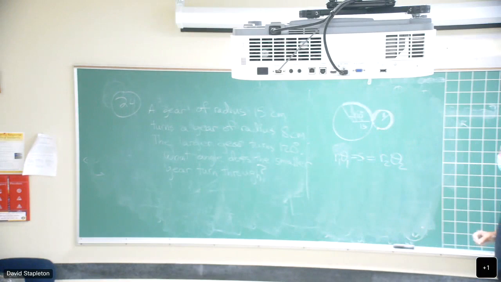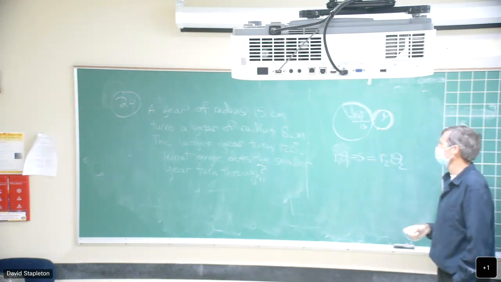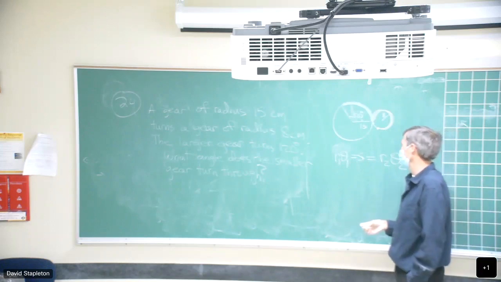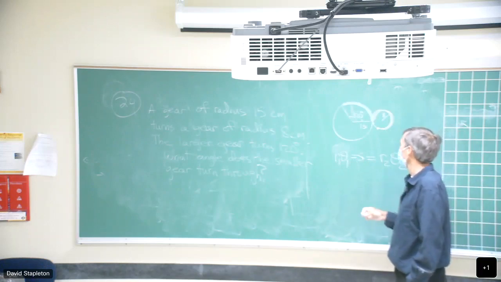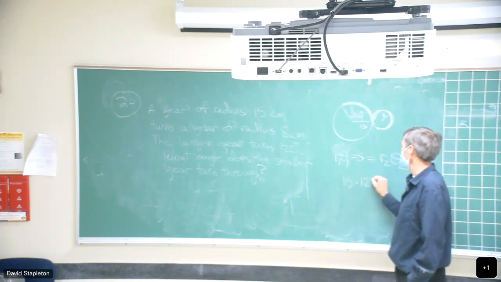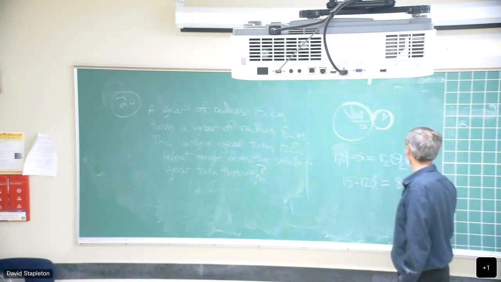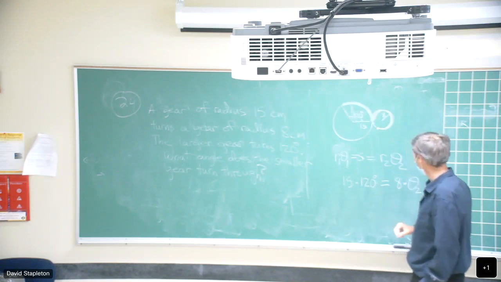So the radius times the angle; since they both turn the same arc length S, these two are equal. That's what the gear problem is. You say R1 theta 1 equals R2 theta 2. So this is 15 times 120 degrees equals 8 times theta 2 that I want to find.